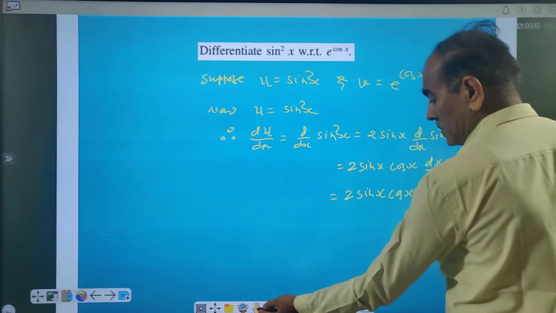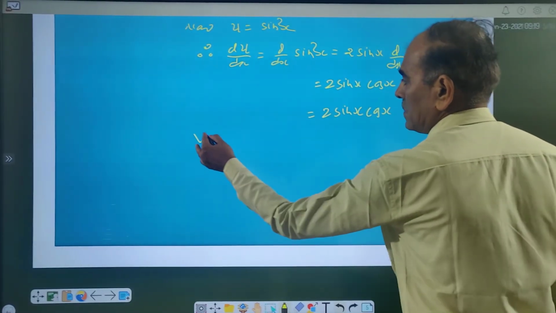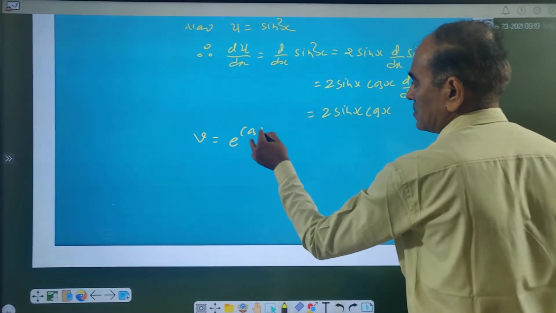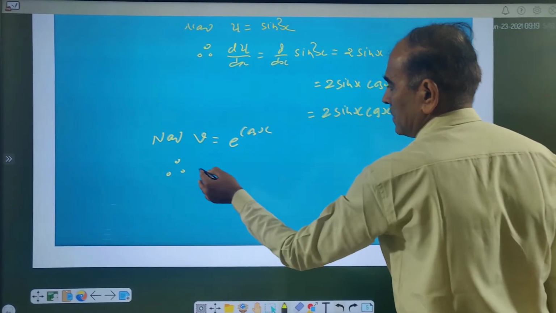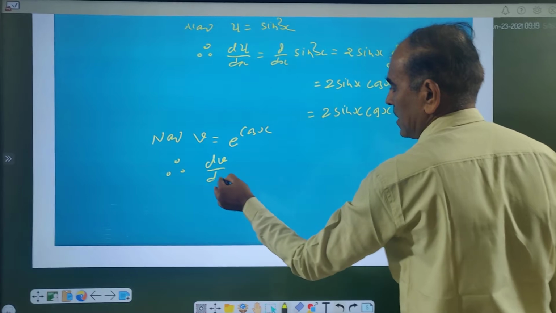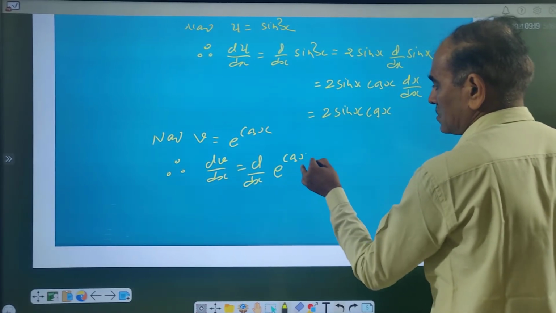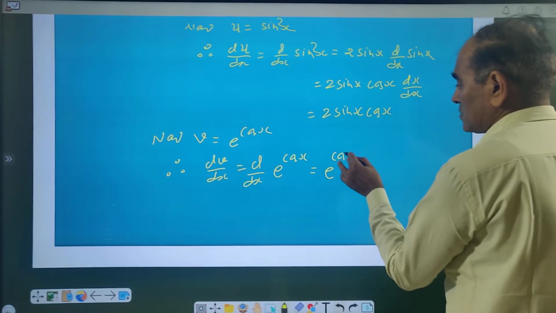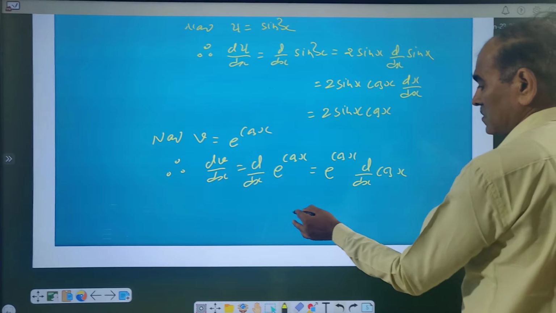Now what is v? v is equal to e raised to cos x. So dv by dx is d by dx of e raised to cos x: e raised to some function times d by dx of that function.